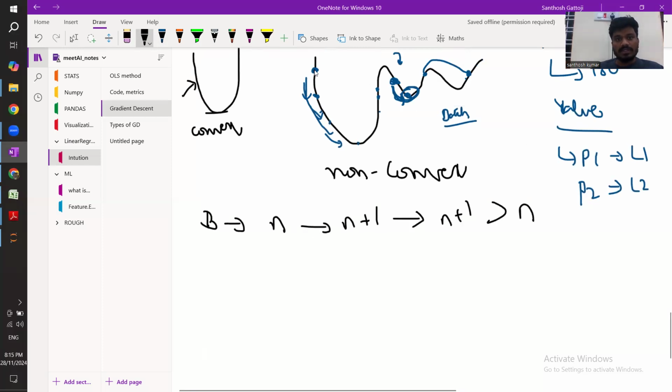Agree? I'm starting at this point and moving to this point. This point will always be better than this point because I consider the complete data set, I have complete information, so I move in the perfect direction.